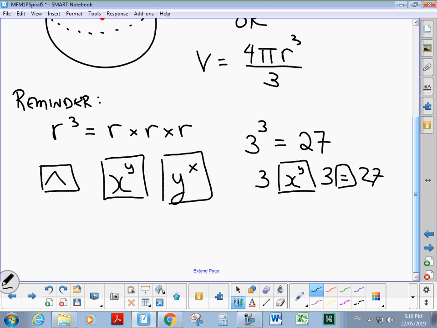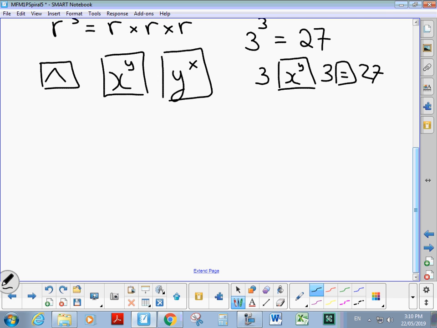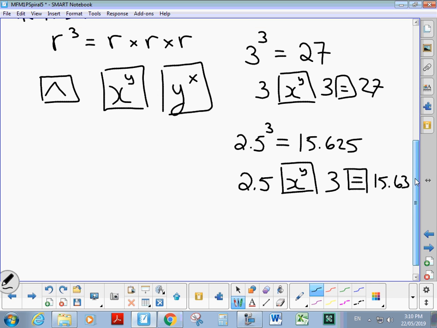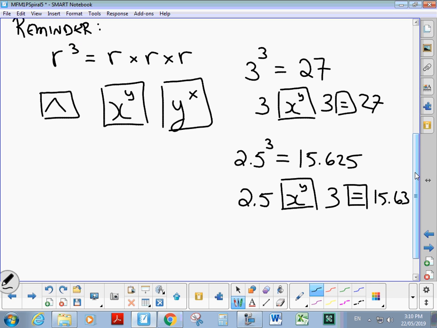That gives you 27. Let's do another one to practice with your calculator, 2.5 cubed. You would punch in 2.5, the XY button, 3, equals, and in this case, 2.5 cubed gives me 15.625.